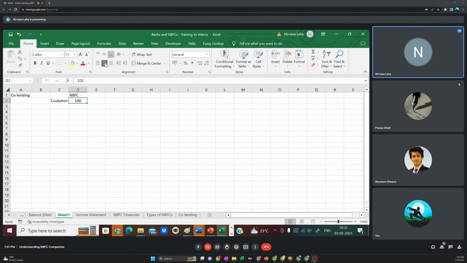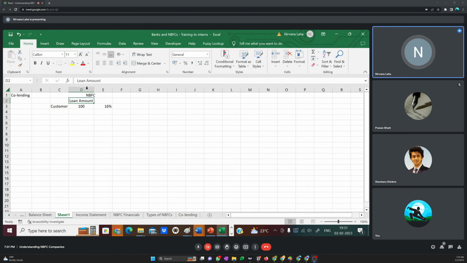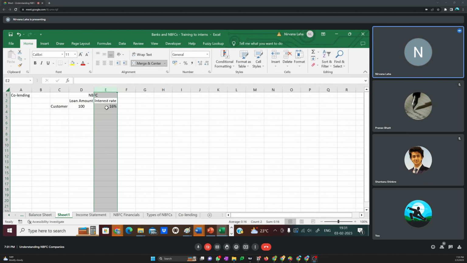I have assessed this customer's ability to pay, etc. And I have decided that this loan should be given at 16% per annum. Let me write everything clearly so that in the video you guys can understand later. This is the loan amount. This is the interest rate. So this is what I want to give.